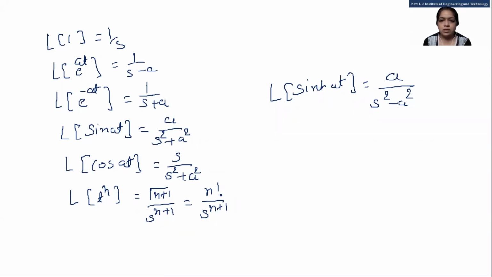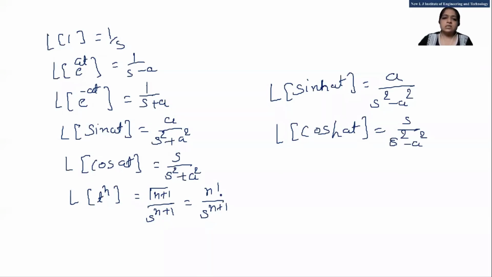In sine hyperbolic at, there is a minus sign in the denominator. Laplace of cos hyperbolic at is s upon s square minus a square, right? These all are the basic formulas of the Laplace transform.